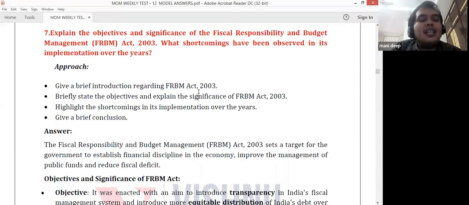But there are certain shortcomings. Government is making commitments, but they are not adhering to the commitments, and they do not have any overlooking institution to see whether their commitments are actually implemented or not. Second, they are taking off-budget loans. For example, if the government wants to take 10,000 crores, they are not taking it directly from the budget.